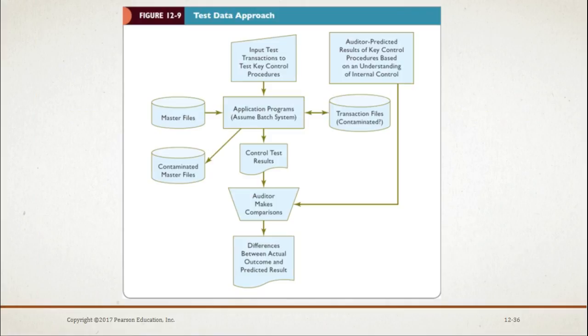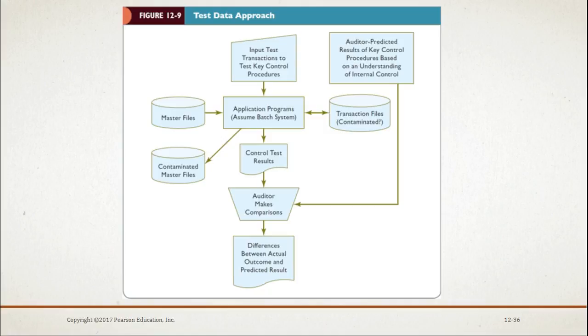Here, we have an illustration of the use of the test data approach. In this approach, the auditors process their own test data using the client's computer systems and application programs to determine whether automated controls correctly process the test data. When using the test data approach, auditors have three main considerations.